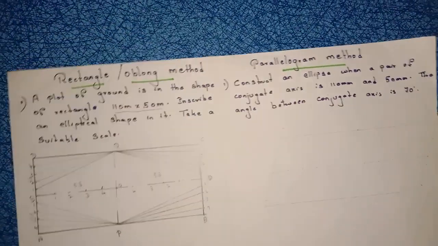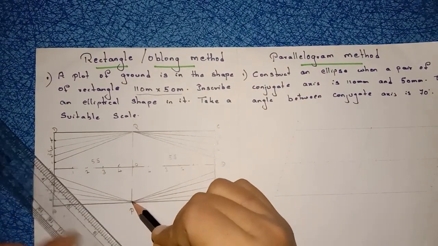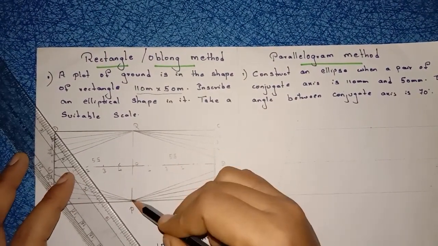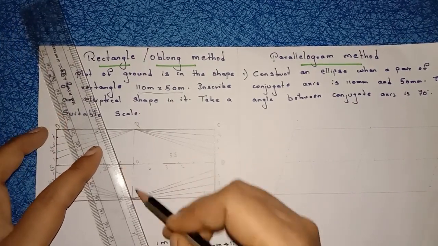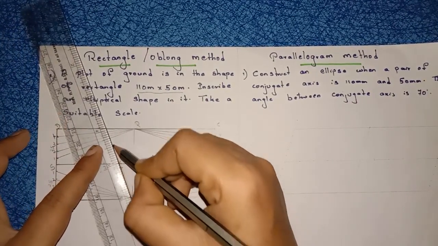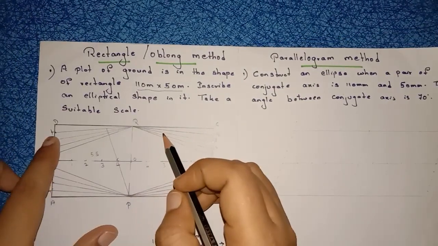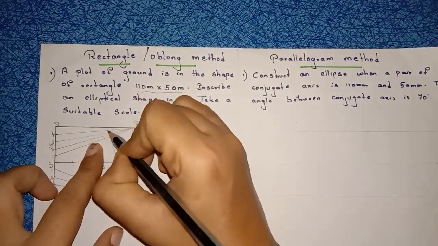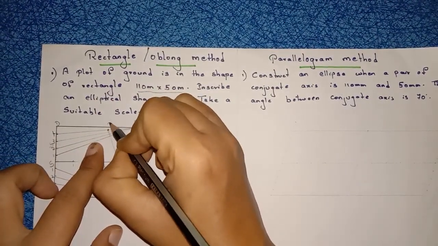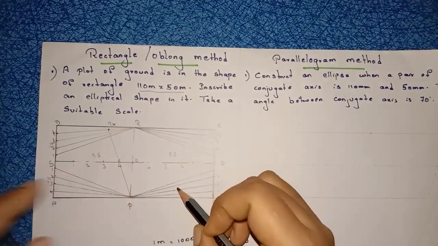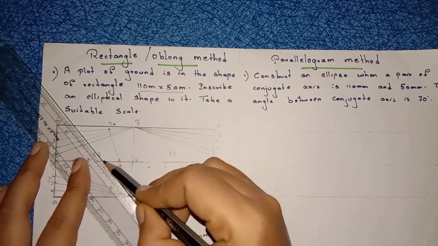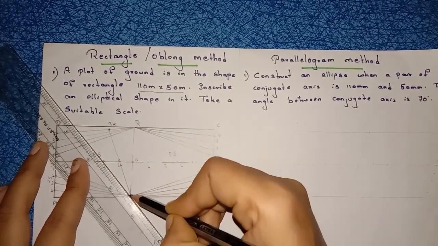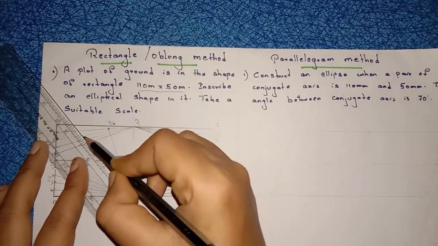Right, now you see from point P, this is the fourth point, right, from point P through point 4 draw a line till the fourth line. See, till the fourth line, name this point as P4. Right, same, see from point P through point 3, draw a line till the third line.